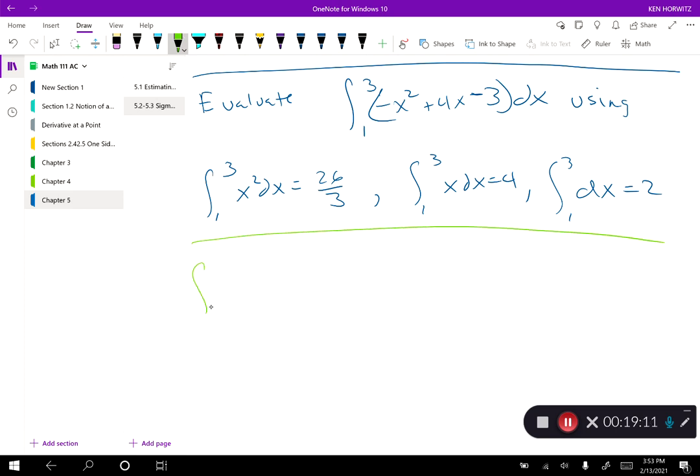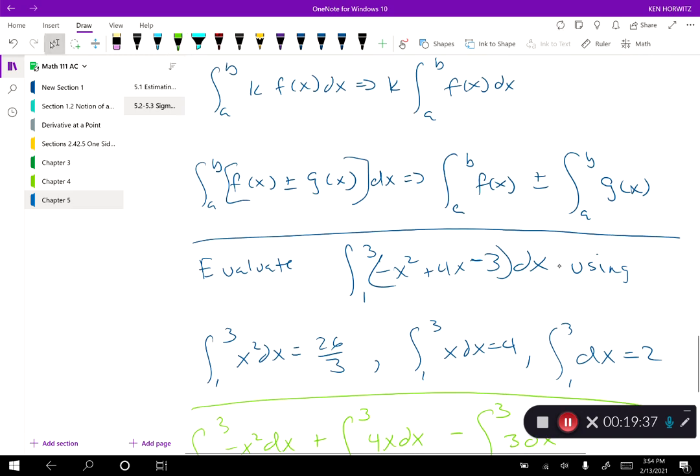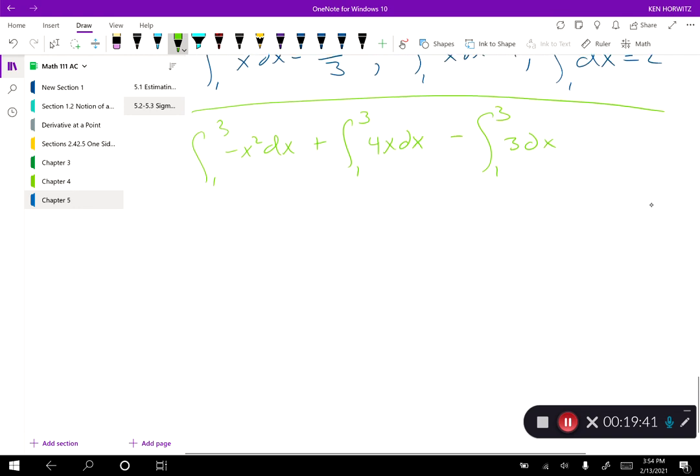So I'm going to say it's the integral from 1 to 3 of negative x squared dx plus the integral from 1 to 3 of 4x dx minus the integral from 1 to 3 of 3 dx. So I use my sum and difference rule, my rule right up here, where I can take each individual function and I can make separate integrals out of them.